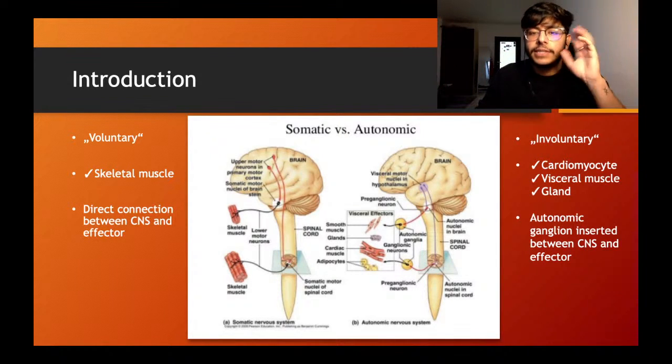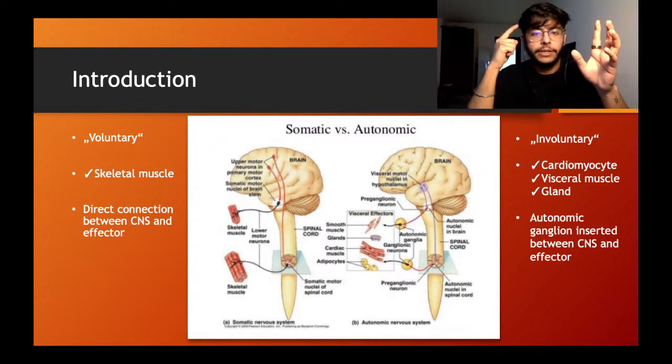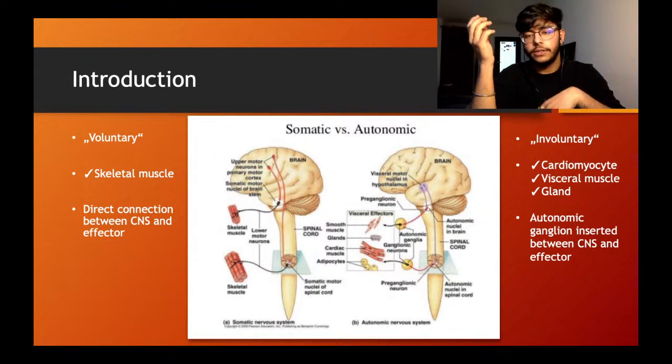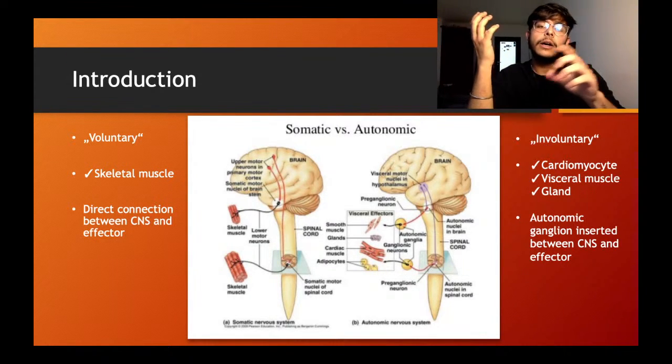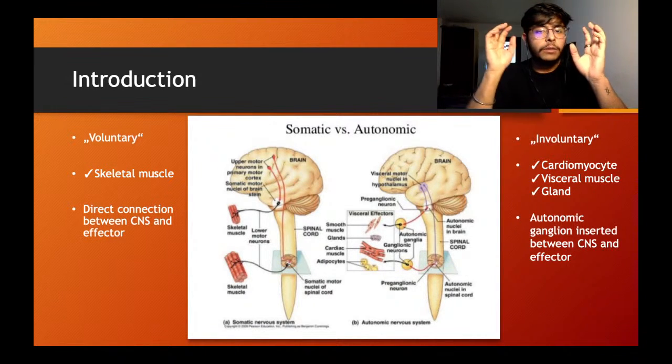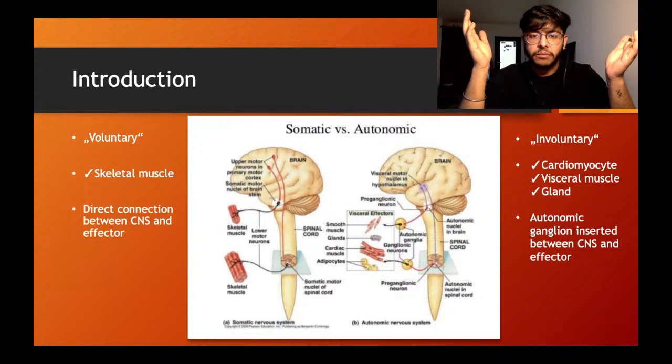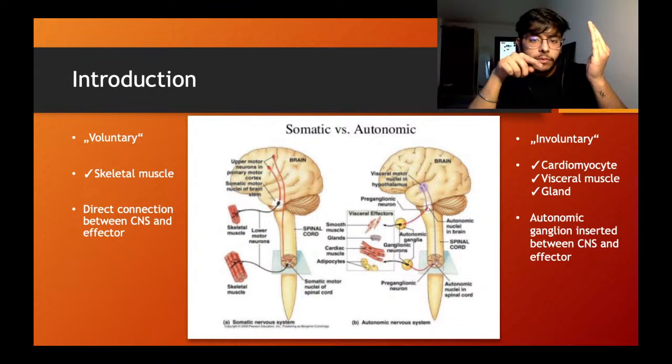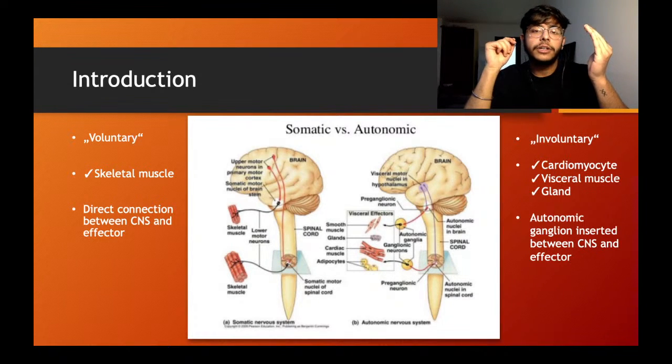Voluntary system. Skeletal muscle connections: there is a direct connection from the CNS to the effector organ, which is more often than not skeletal muscles, through neuromuscular junctions. So pretty basic, nothing more to it. There are no real major stops in between the transportation of the impulse.